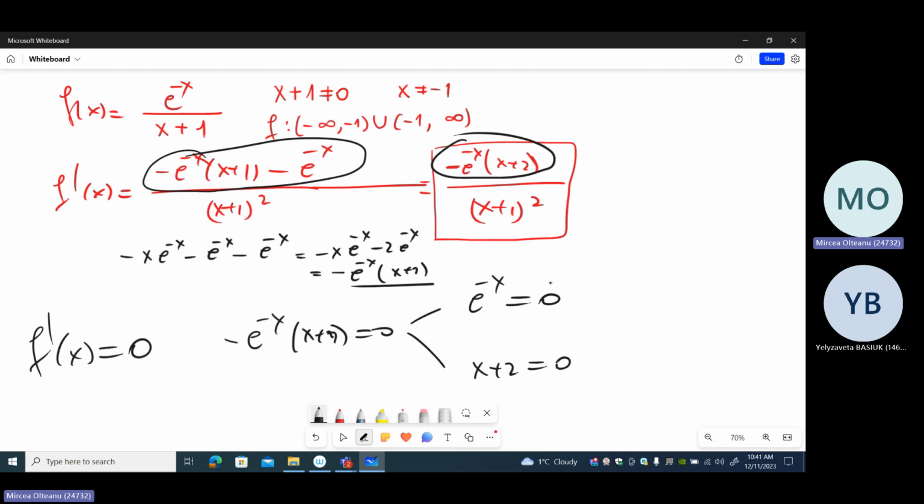Now, e at minus x equals 0. What do you know about this equation? It has no solution. The exponential doesn't take the value 0.